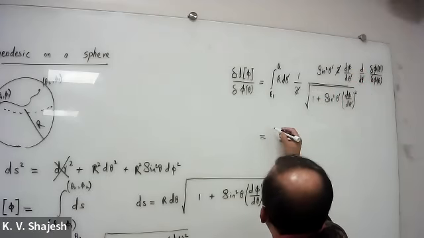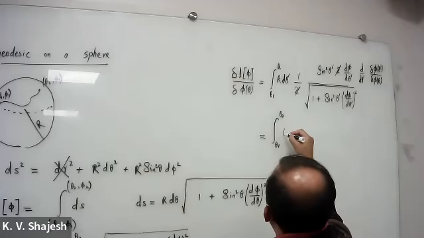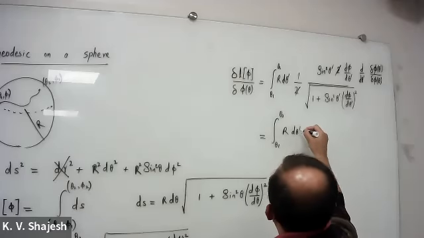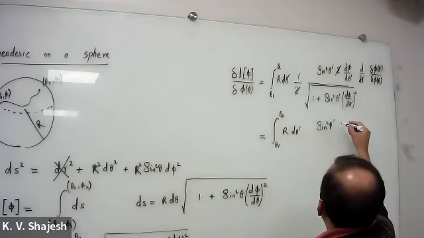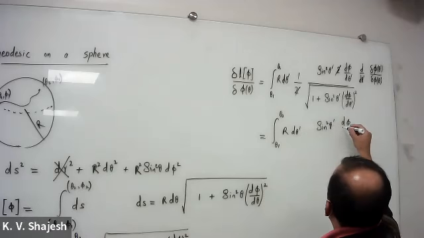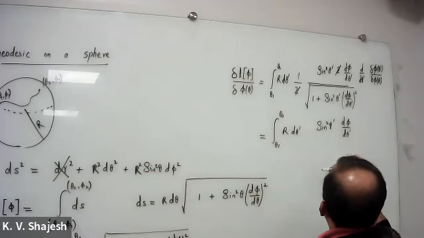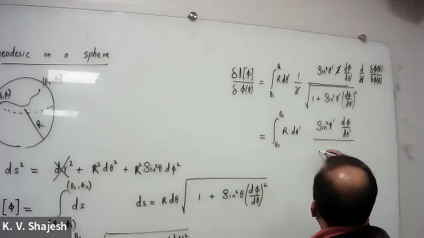This is 1 into 2 of phi prime, and that's sine square theta phi prime over 1 plus.